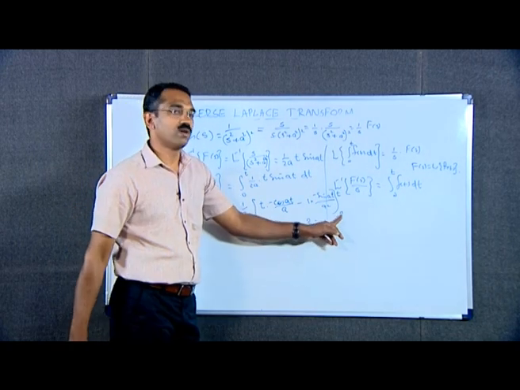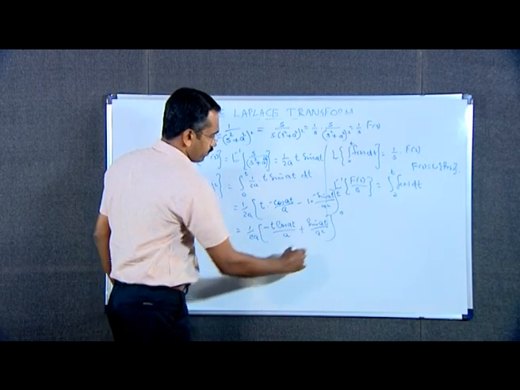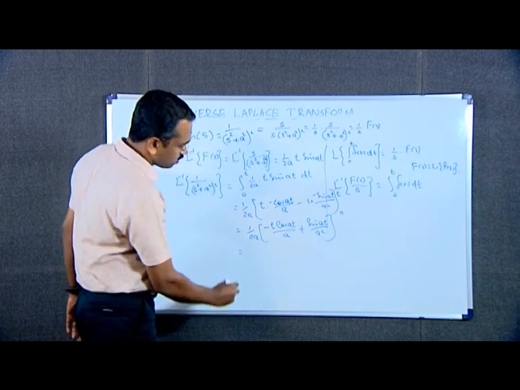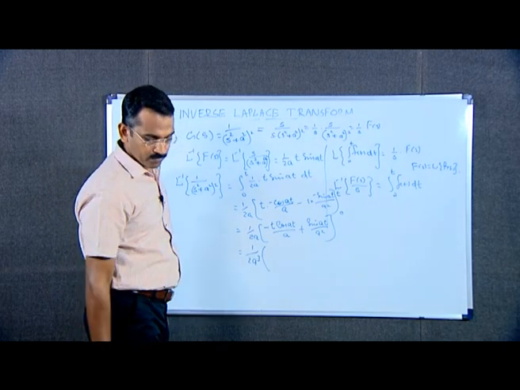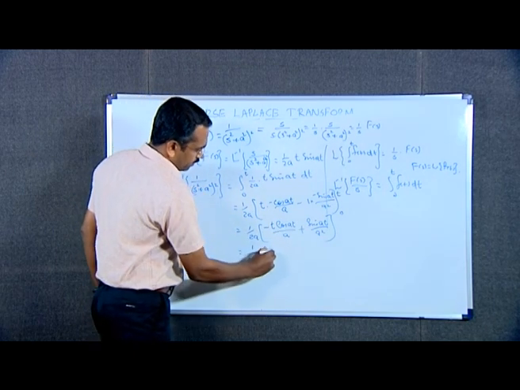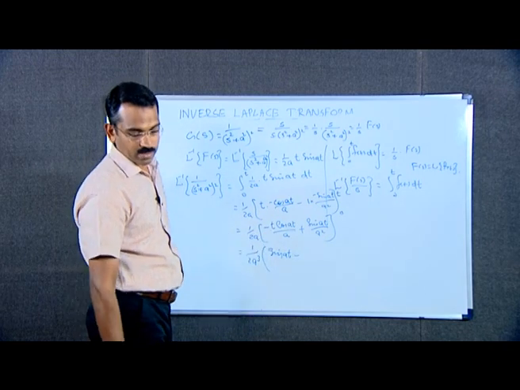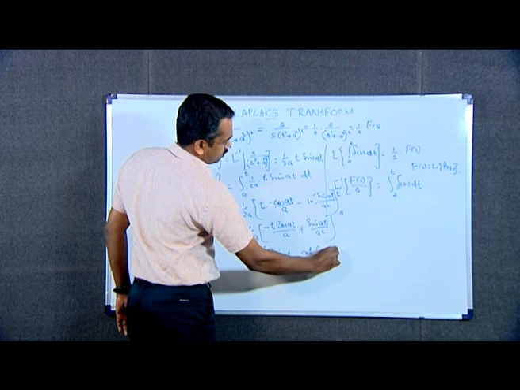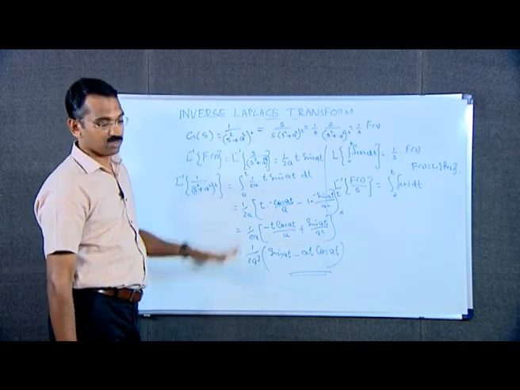When we apply the lower limit, these two terms will become 0. Therefore, this is equal to, we can write like this, 1 by 2a cube into sin a t minus a t cos a t. This is the required inverse Laplace transform of this function.